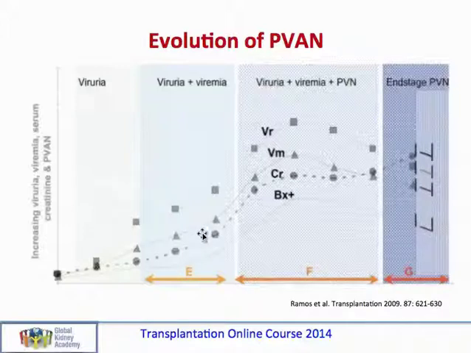And when you have a significant rise in creatinine, obviously that indicates that you have established polyoma virus-associated nephropathy. Okay, so viruria followed by viremia followed by organ dysfunction and histological change.